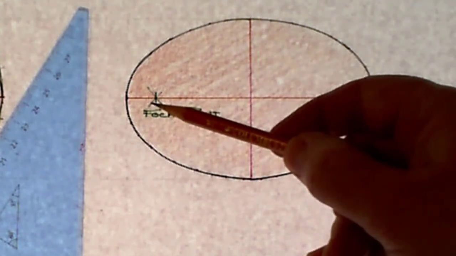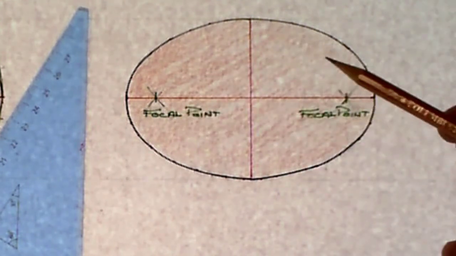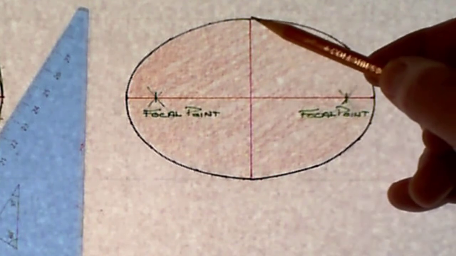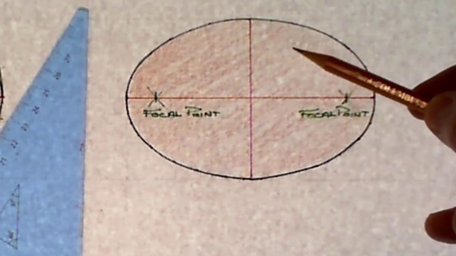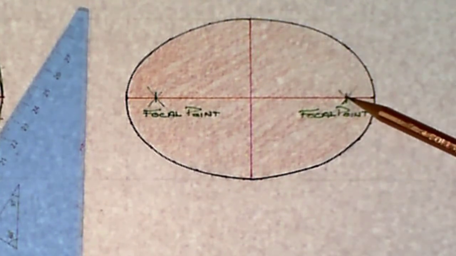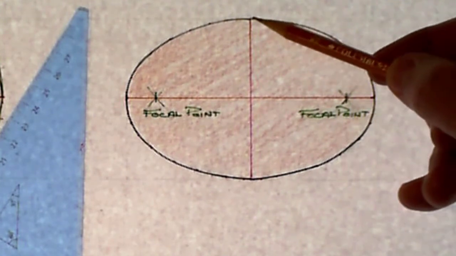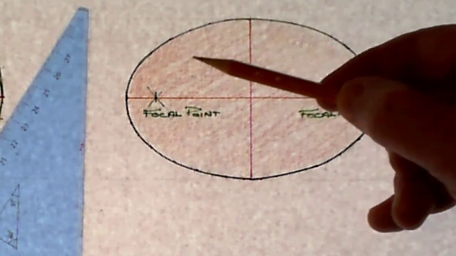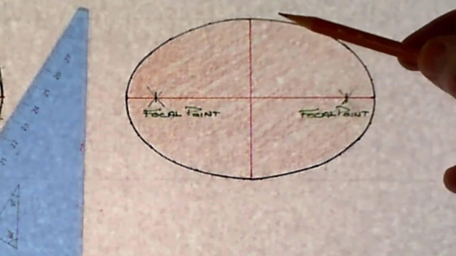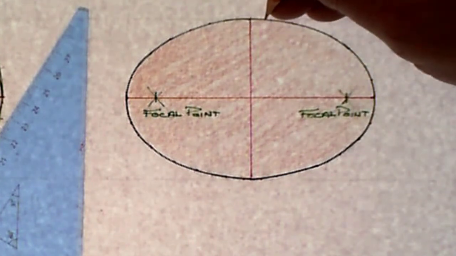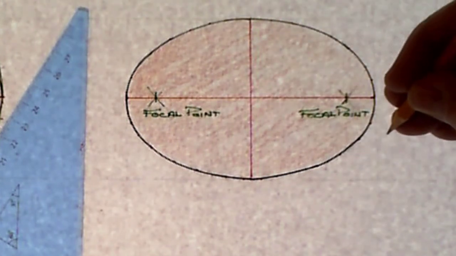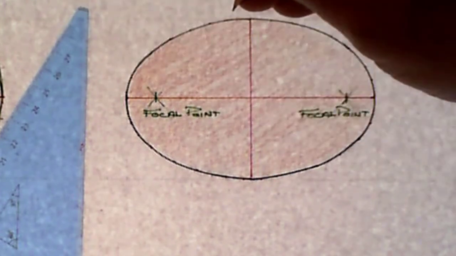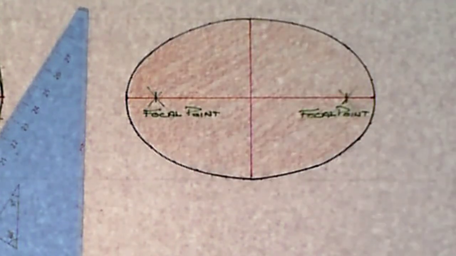And then I simply tie the string as a triangle from the focal point up to the end of the minor axis here, back down to the focal point, make the string tight, and then I simply lift up this point here and I use a pencil in the string and I draw, keeping the string nice and tight, and it will give me the outline of the ellipse.